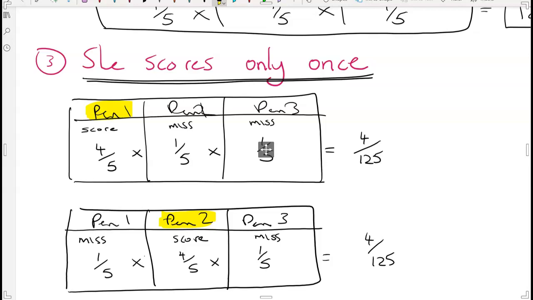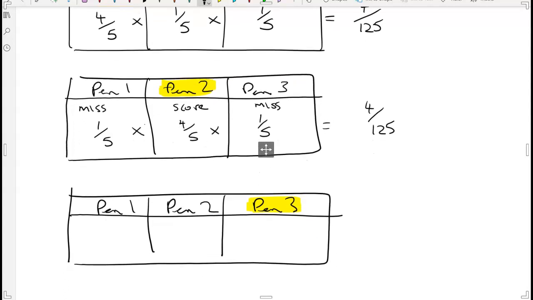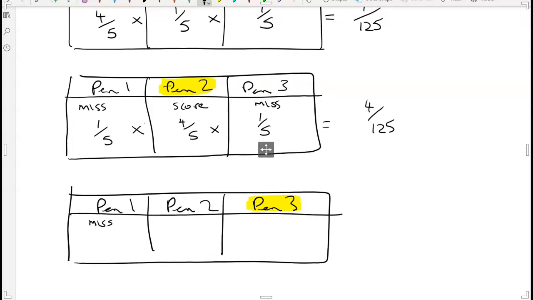Now there is a third possibility, the order in which this could have happened. She may have scored only the last penalty and missed the first 2. So she would have missed penalty 1, missed penalty 2, and scored penalty 3. And of course the probability of each event on their own is written in there, and to find the probability of it happening in that order, we multiply them.